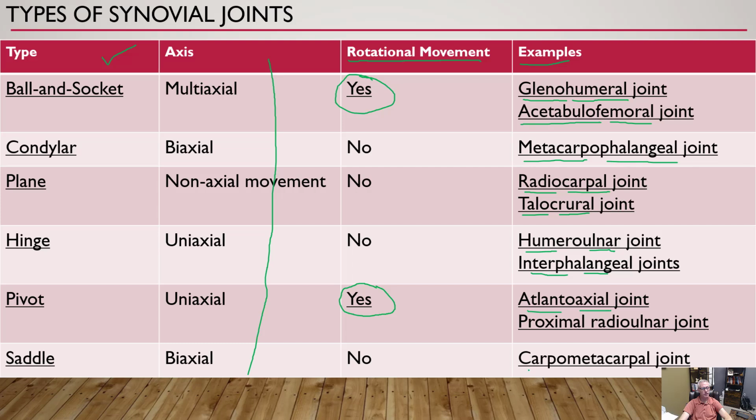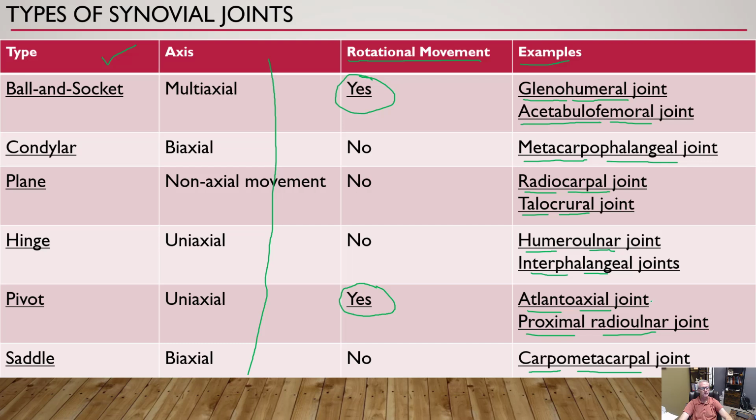Some of these you can figure out, your carpals and your metacarpals. But if you don't know where your proximal radial ulnar joint is, you might want to figure it out. What does the word proximal mean? We've gone over this a few times already.